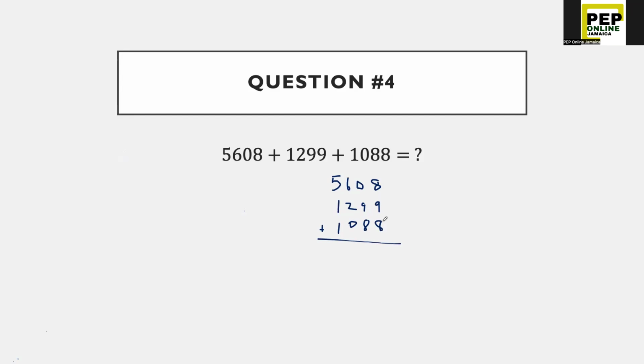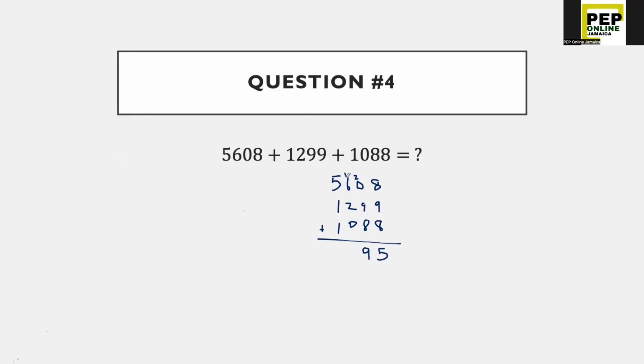8 and 9 will give us 17. 17 and 8 will give us 25. Put the 5 there, carry the 2. 8 and 9 is 17, plus 2 will give us 19.